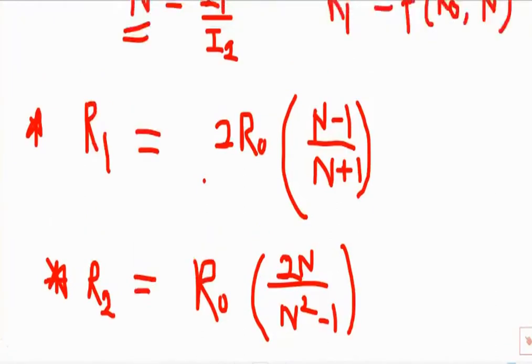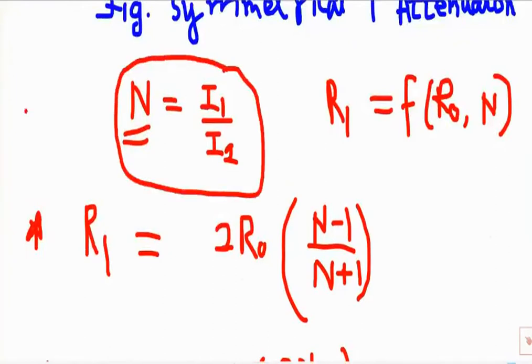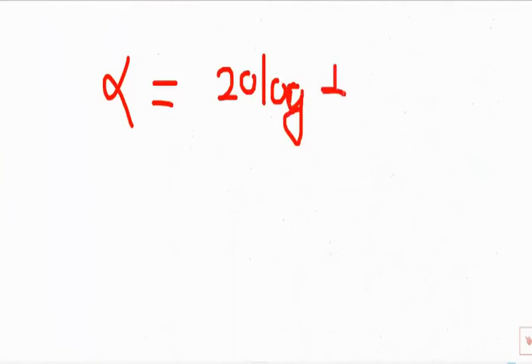Now I told you that capital N is the current ratio, but it is unitless. Then we have already seen our attenuation alpha. Alpha is nothing but 20 log of the current ratio, I1 by I2, and here the unit is dB.